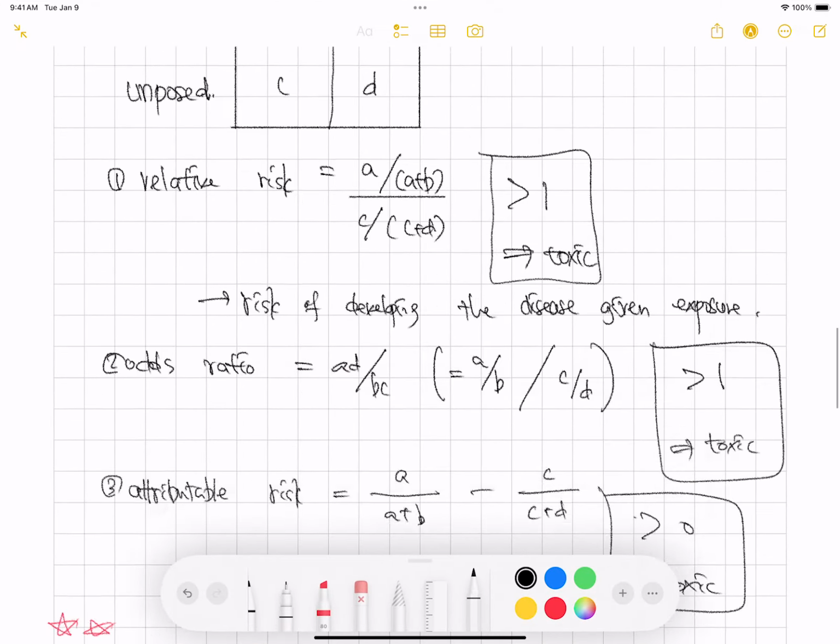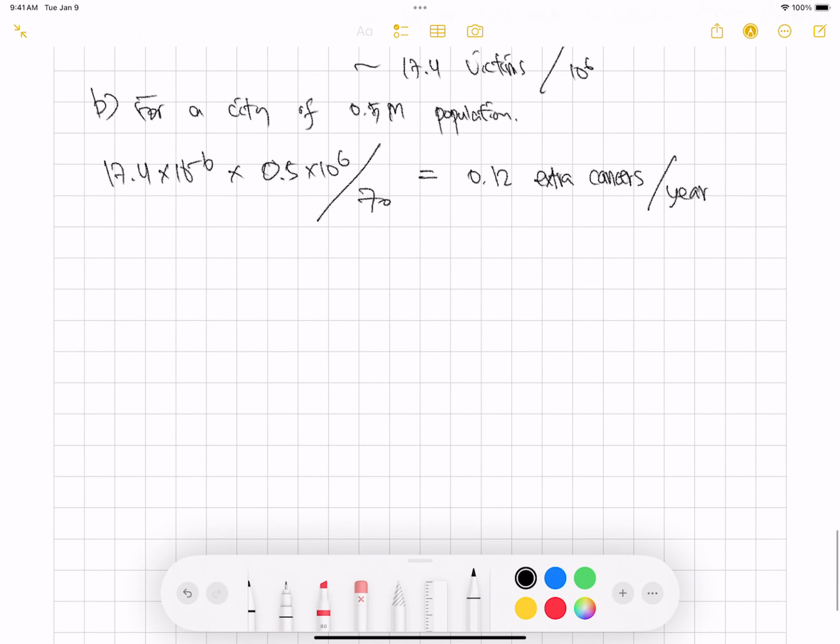So we can calculate for a city of 0.5 million population, 189 out of general cancer, the number of the population that gets cancer from any other types, in general, is 945 cancers per year.